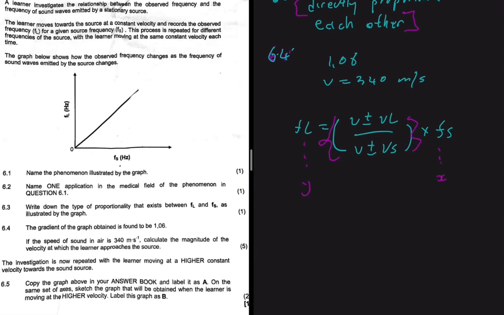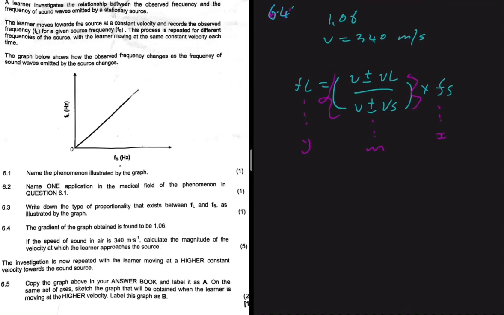Yeah, just like you guessed, it will be our M, right? So we can take that expression and equate it to 1.06 because that's the gradient. So what are we saying? We're saying that (V plus or minus VL) divided by (V plus or minus VS) should be equal to 1.06, right? It's not me, it's the question.